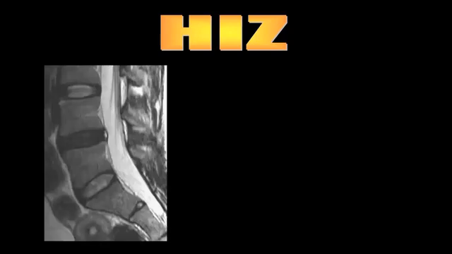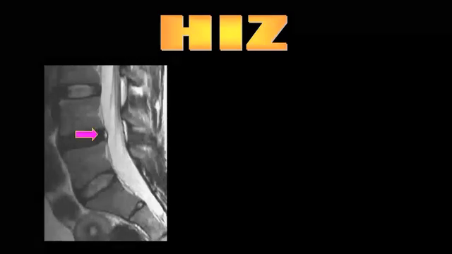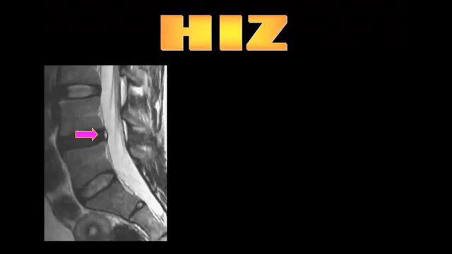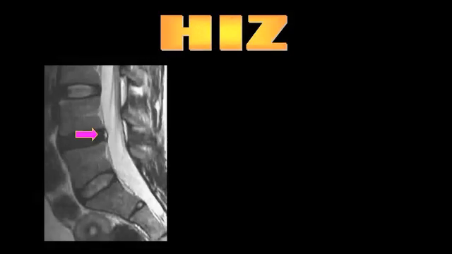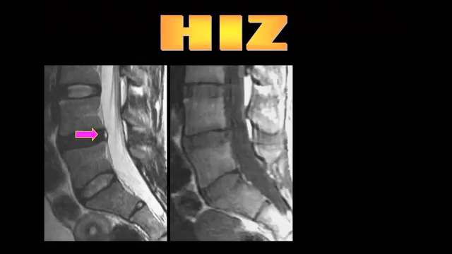So an HIZ is a bright area in that normally dark outer annulus. It was originally described as equal to fluid, but it can be approximating fluid, certainly brighter than the signal void that should normally be present there. On T1 weighted images without contrast, it's inconspicuous.